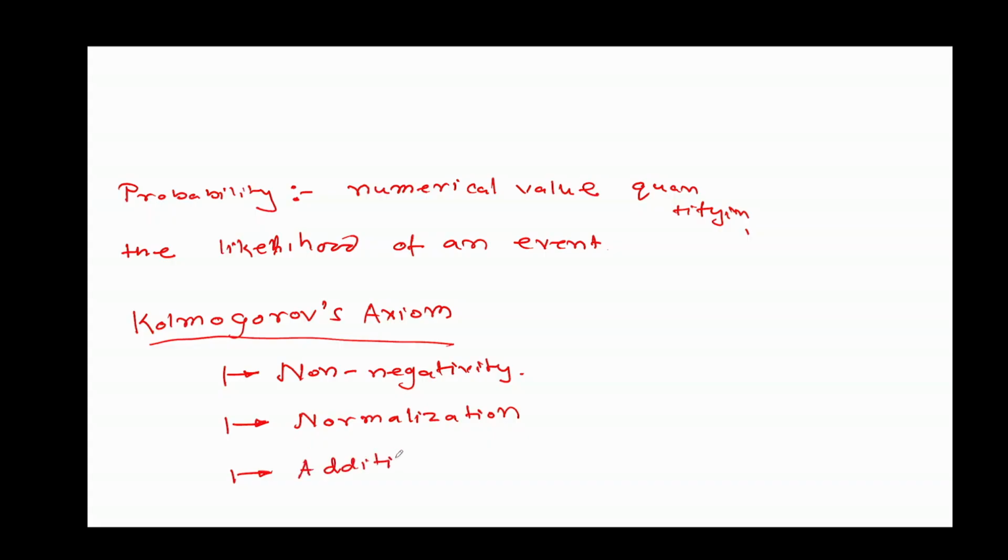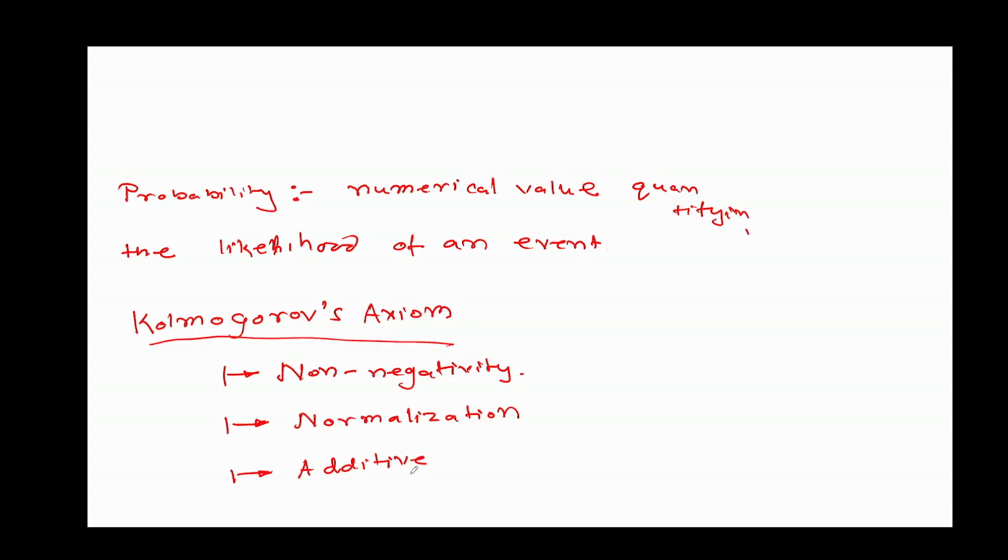So, the third one is additivity or additive nature, whatever you want to call it, and that is that for two disjoint events, the probability of the union of the two events is equal to the sum of the individual probabilities. So, probability of A union B is equal to probability of A plus probability of B, assuming A and B are disjoint, right. So, that is basically the third property.